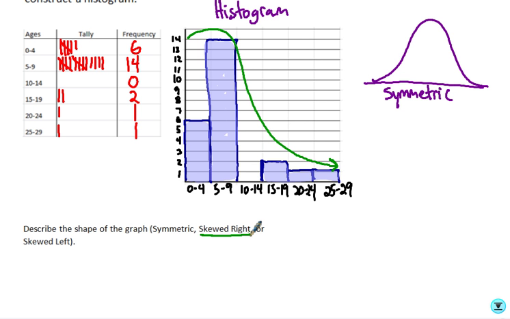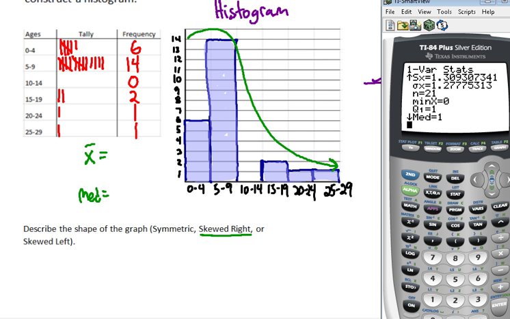Now we have a little test for that, which is that we check to see if the mean and the median, we compare those two numbers. So real quick, we're going to figure out what the mean is and the median, and that will also help us tell which direction this thing is skewed, if it is. So we're going to go back to the calculator real quick.